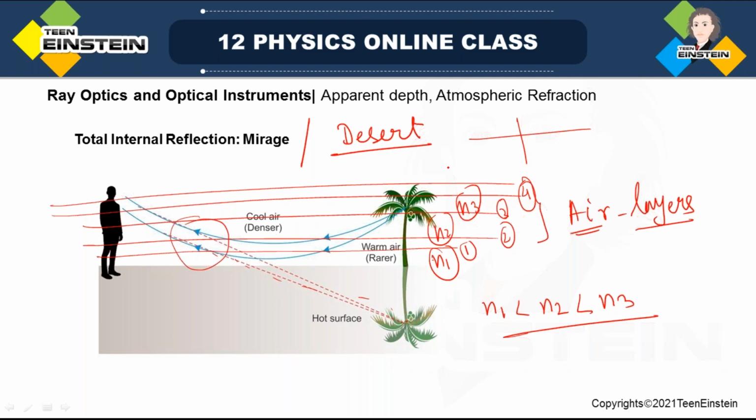And then we'll move on to refraction by lens. Before I go to the next topic, I'll discuss a few numerical examples on total internal reflection. There are many good numerical problems which we'll discuss in the next class, and then we'll move forward to lenses and refraction in the spherical lens, etc.